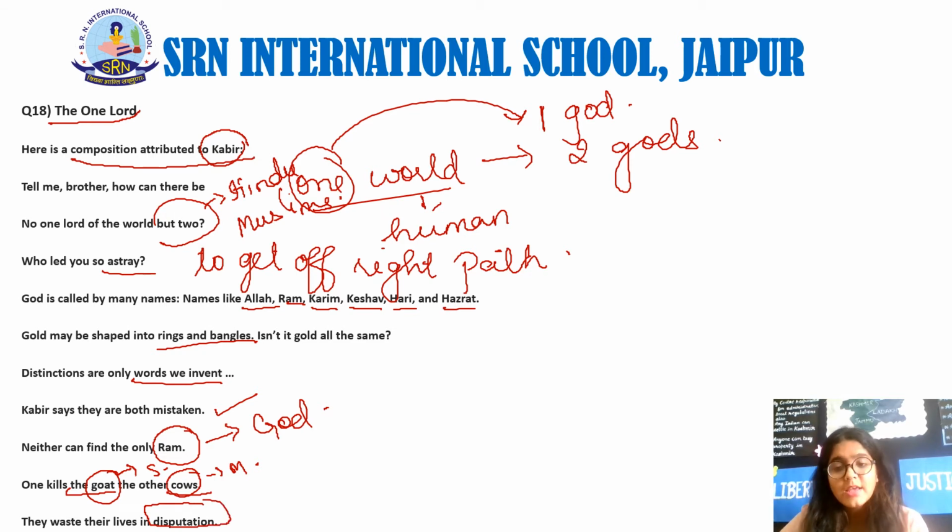Kabirji is also saying that they are just fighting, creating disputes. None of them are following a religious and spiritual life, and he wants everyone to find one God, to gain the knowledge that there is one God only, the supreme power, and both Hindus and Muslims run under that power only. Let us see the questions of this excerpt.